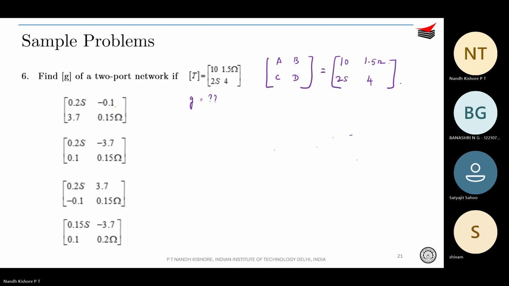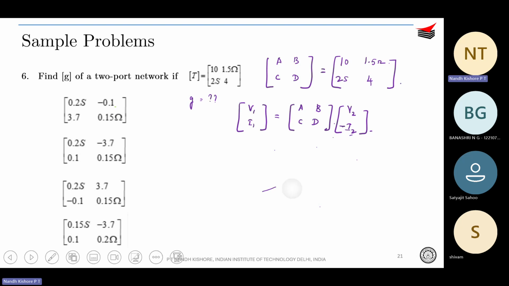Okay. So we will write this as V1, I1 is equal to ABCD into V2, minus I2.